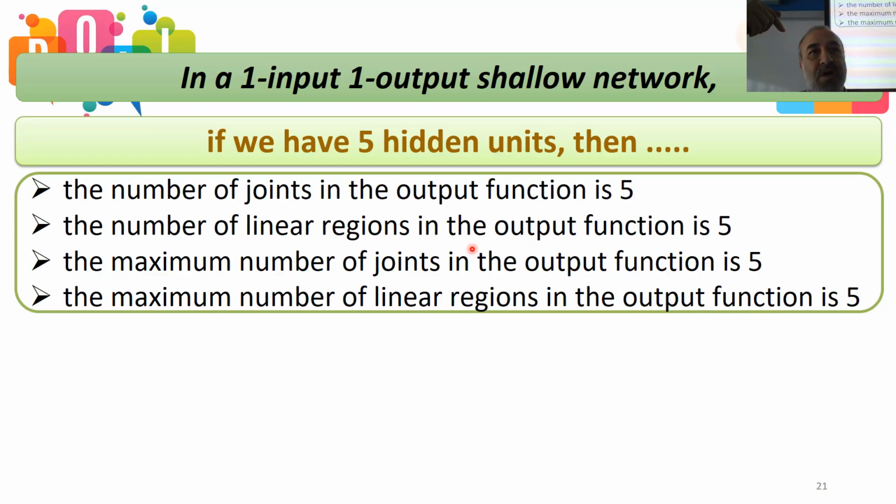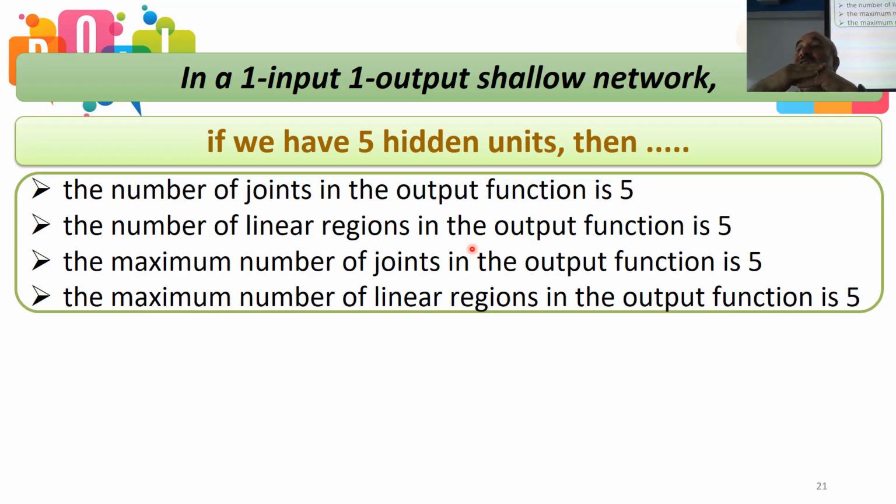Will that contribute to a new joint in the output function? Always? Why not? We have 5 hidden units, and each hidden unit has a joint. So does that mean this will give us an output with 5 joints?